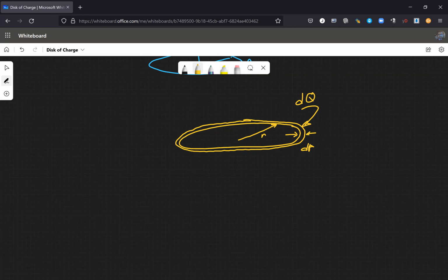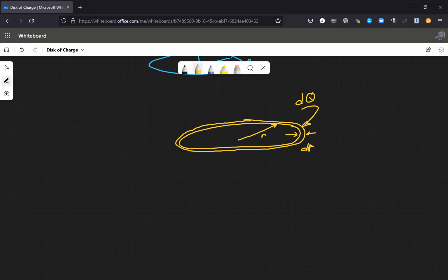Remember, q is plastered on the whole disk, so this little ring inside the disk is going to carry some infinitesimal charge. We're going to call it dq.